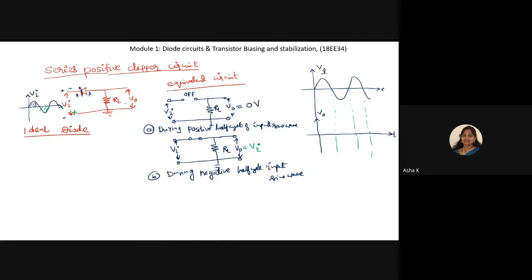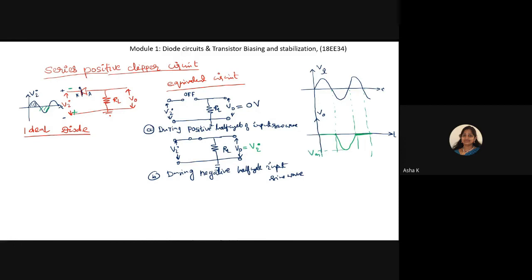It is a series positive clipper; the positive peak of the information is not allowed by the diode. Hence, I get 0 volts here. During the negative half cycle, whatever input I apply, the same input I get here, hence the negative peak will be there. Again, during the positive half cycle, the output is 0.